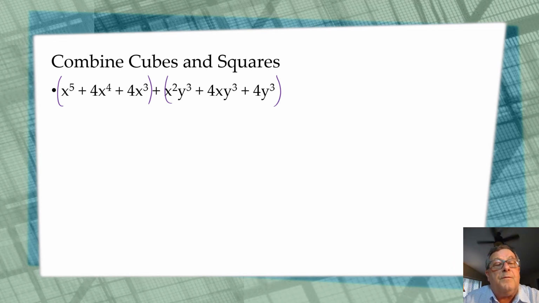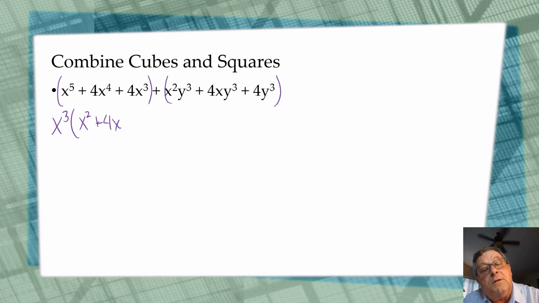So in our first grouping, I got x to the 5th plus 4x to the 4th plus 4x cubed. Let's see if I factor out the x cubed. That would leave me with x squared plus 4x plus 4. Okay.